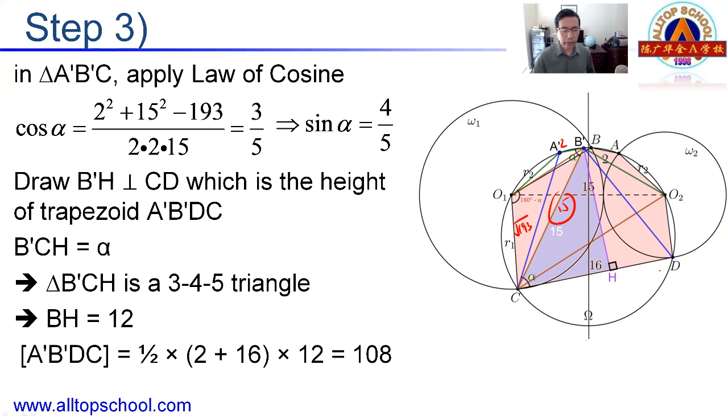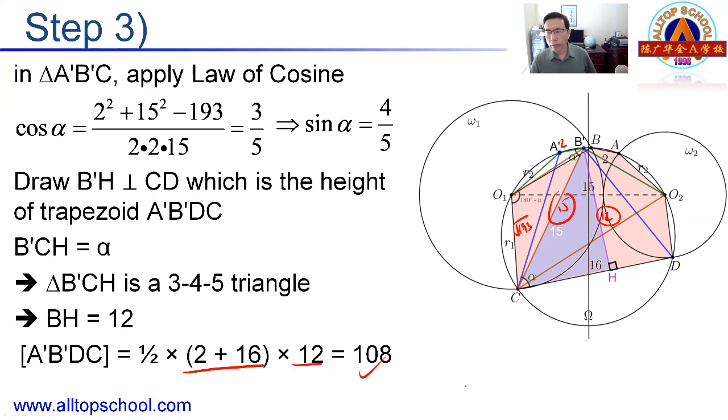We calculate the area: 2 bases, height, and then you get this area, 108. So that's step 3.